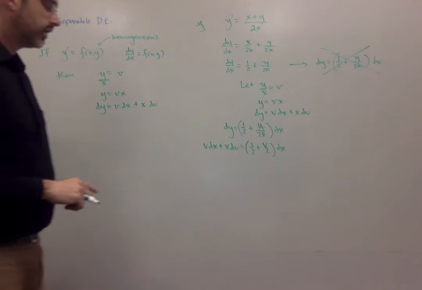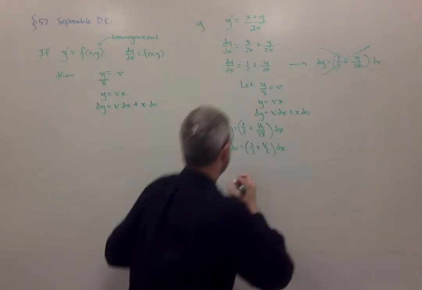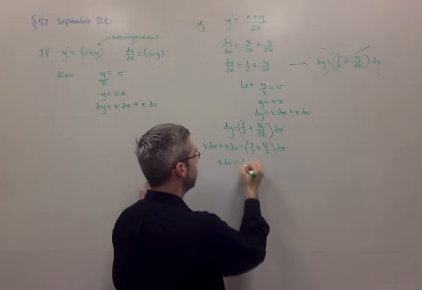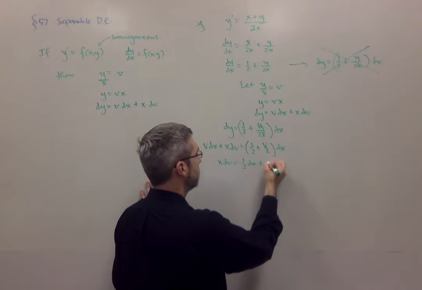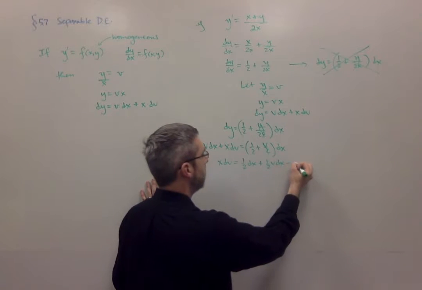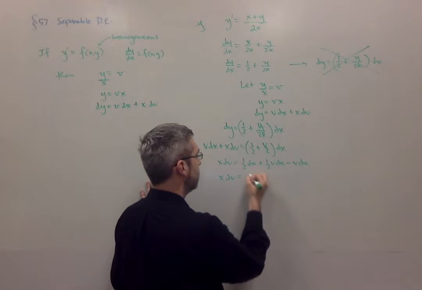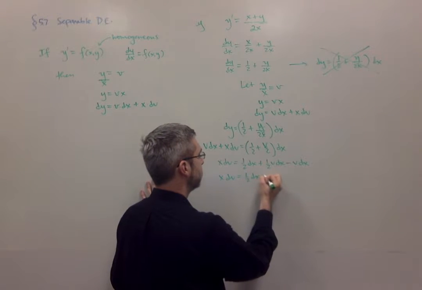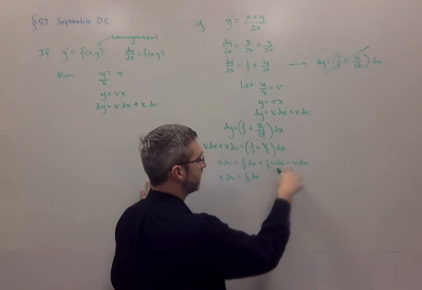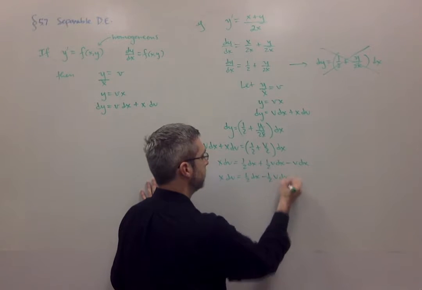So now what we're going to do here, let's put this on the other side. So we're going to have x dv equals 1/2 dx plus 1/2 v dx minus v dx. So in other words, x dv is 1/2 dx, half of v dx minus a full v dx gives us minus half of v dx.